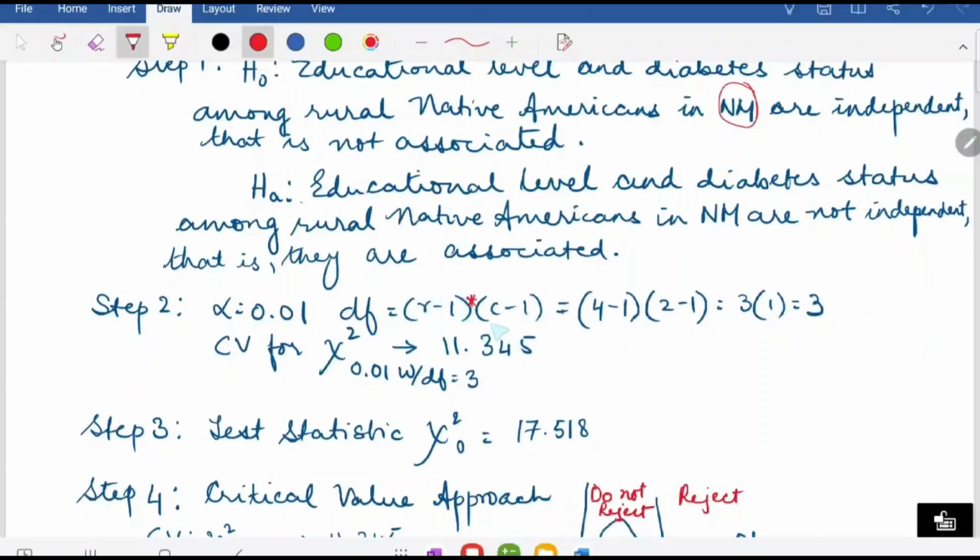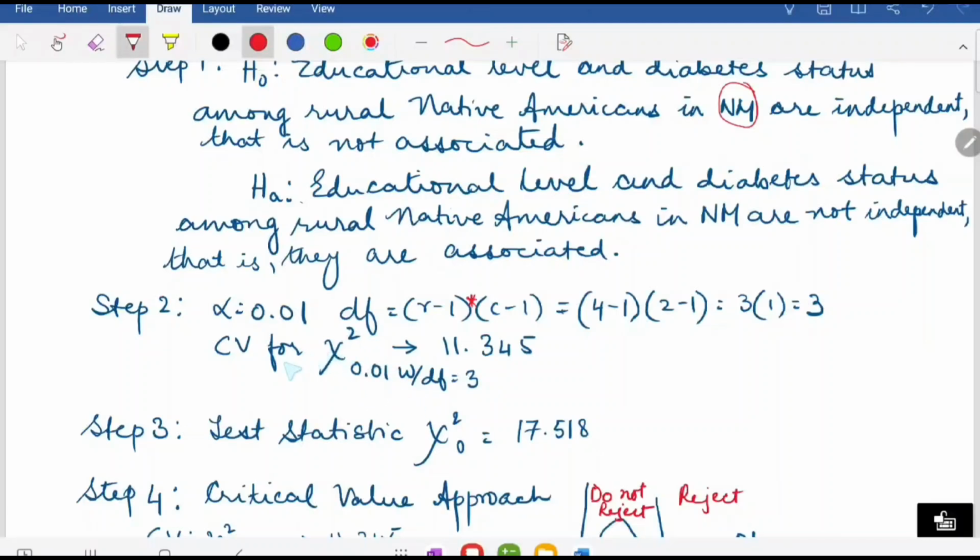So R minus 1 times C minus 1. So we had 4 rows, so 4 minus 1, and we had 2 columns, diabetes and no diabetes. Therefore, 2 minus 1, which should give us 3 times 1, 3. So our DF for this association test is going to be 3.